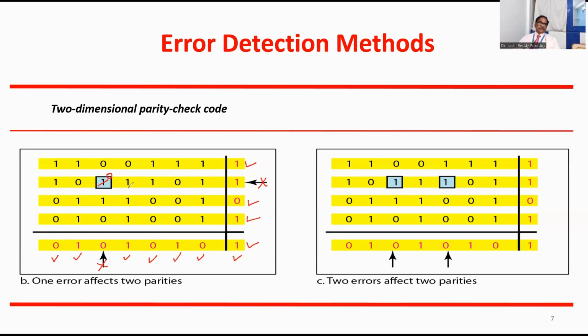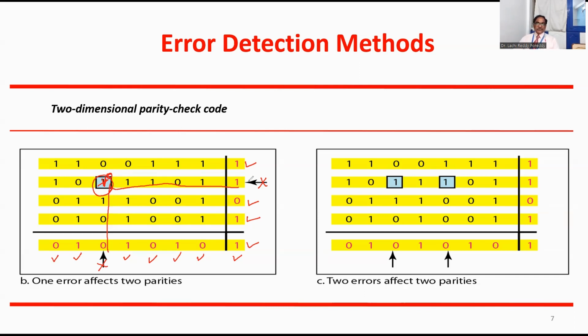Now, the third column and second row have errors. That means the intersection of the second row and third column is this particular bit, which we have not received correctly. So probably instead of 0, we should have received 1. That is the correct value. So in block parity, this one error is detected and can be corrected.